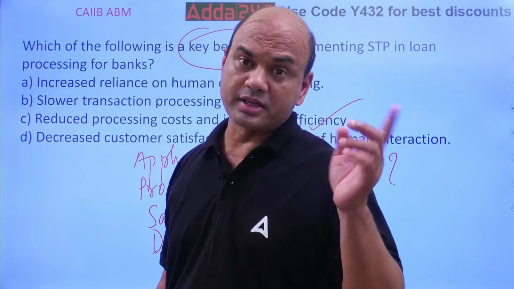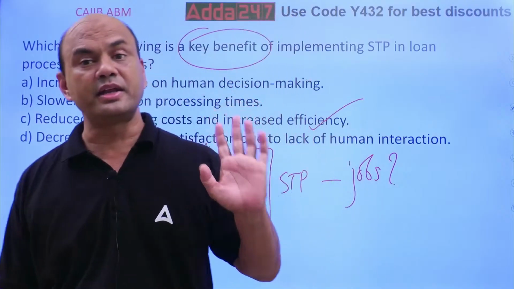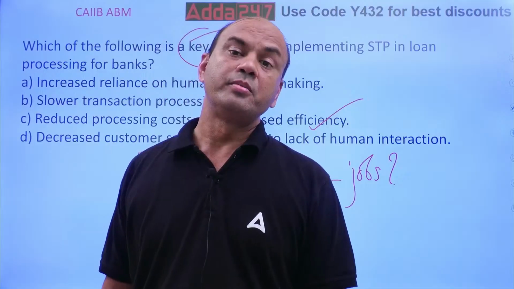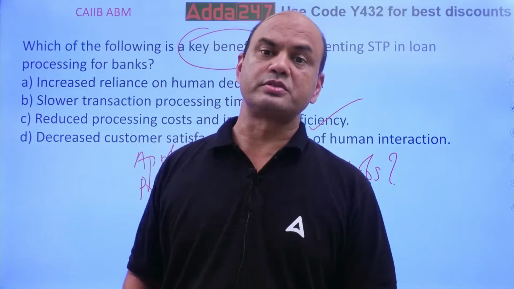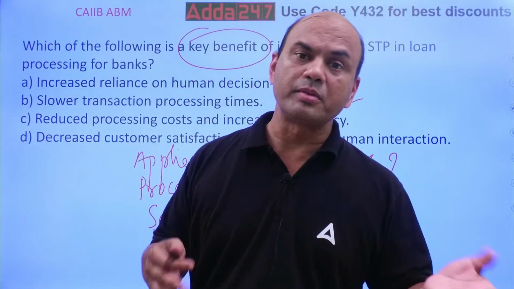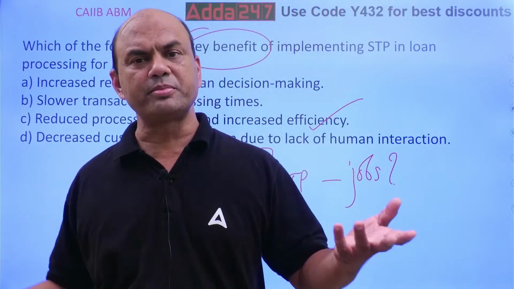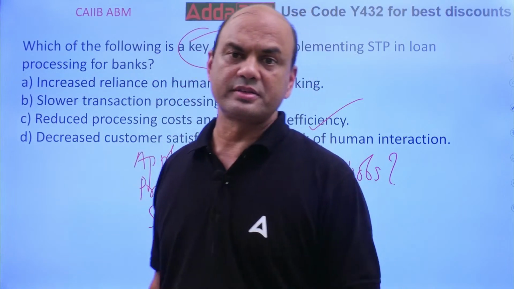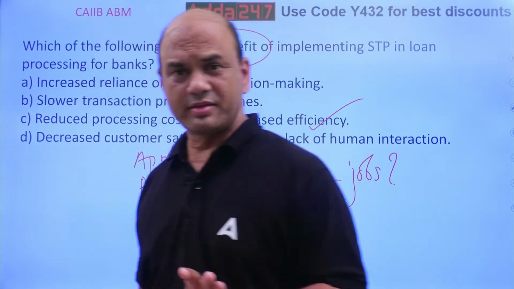Before computers came into banking in 1980s, read the history on Google. People were afraid at that time also that there will be no jobs if computers come in. One computer does the job of 1000 people. All these 1000 people will be jobless. Did it happen?